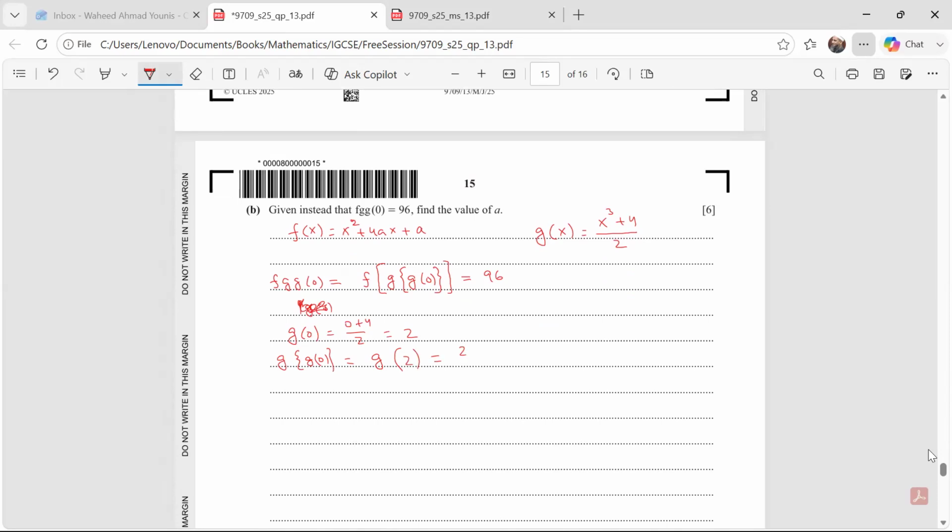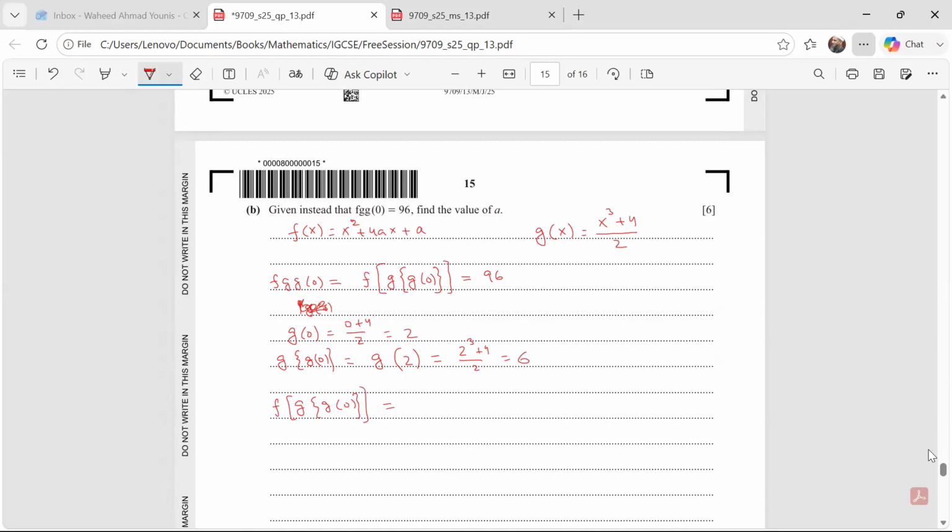It is (2 to the power 3 plus 4) by 2. So this is (8 plus 4) over 2, which is 6. Makes sense?